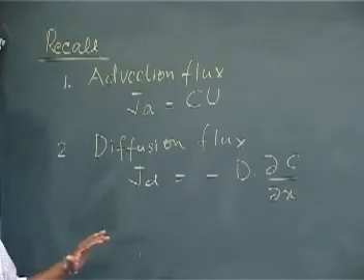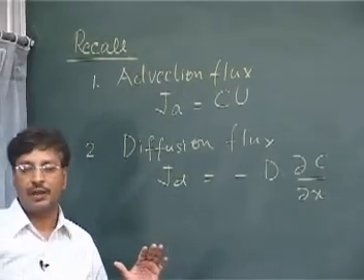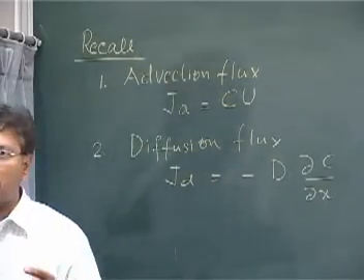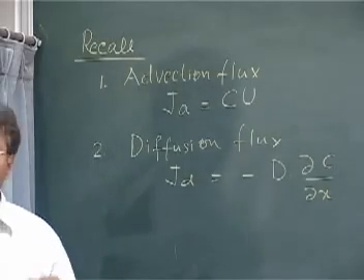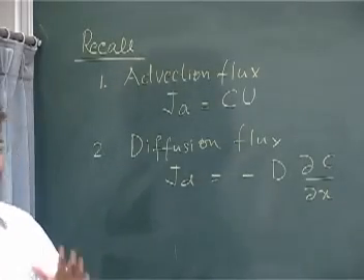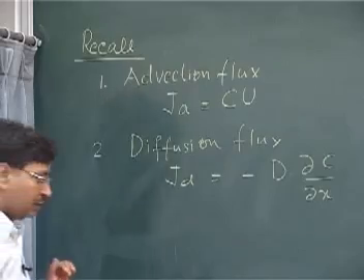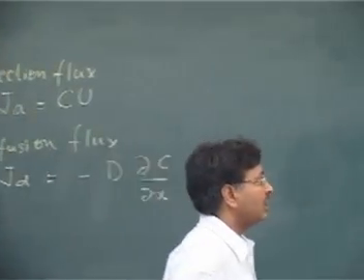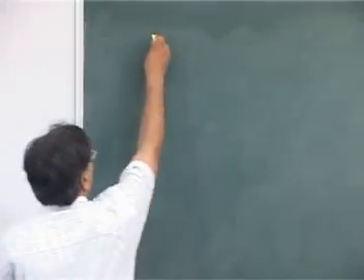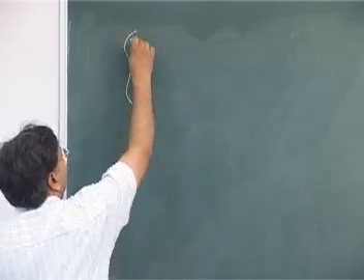We want to utilize them now to develop a relationship, something called the equation of continuity or the advection diffusion equation. For that, suppose I have a strip and we'll try to do it in one dimension.